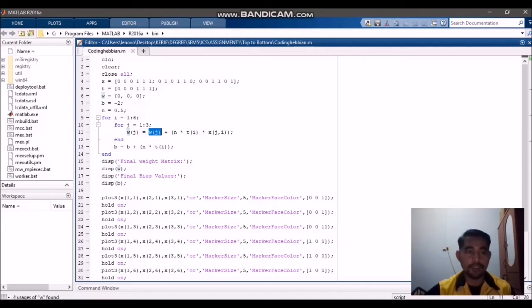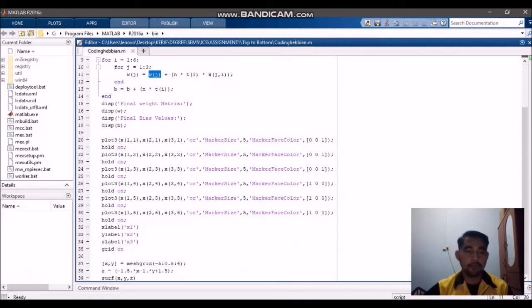As you know, the formula of weight is W old plus the learning rate times the target times the x. The bias formula is B bias equal to B old plus the learning rate times ti, that is the target. And this is my command to ensure that we get the final weight matrix and also the final bias values.